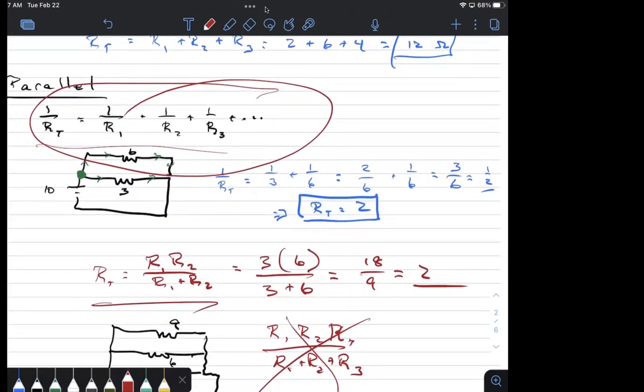Parallel is not so obvious. Parallel says the total resistance in parallel is always less than either one of the resistors. And we can see the answer right here. I have a circuit. One resistor is 6, the other resistor is 3, and somehow the total resistance of this circuit is less than those things.